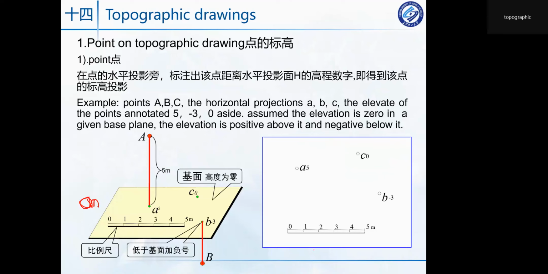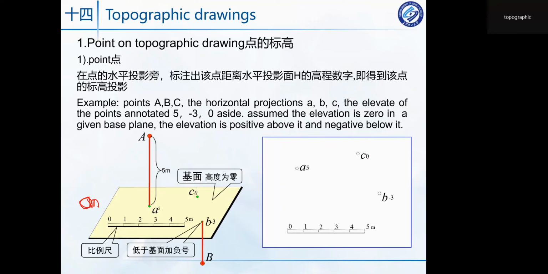Now you can see here, in your right hand, the A5. At first, you write the name down, A, and this figure is 5. This 5's meaning is 5 meters. This vertical distance is 5 meters.